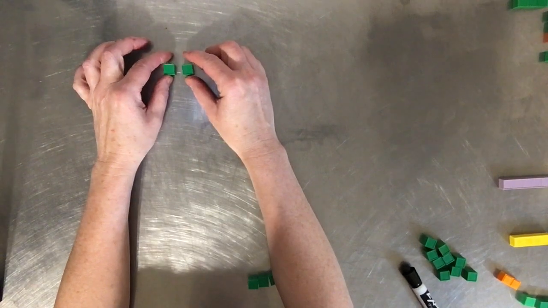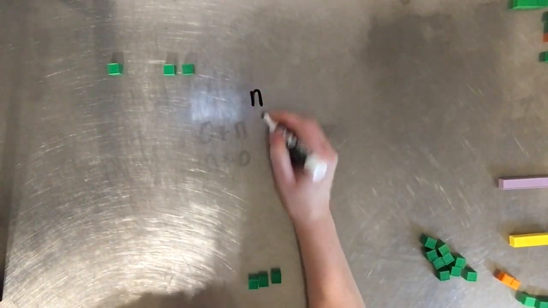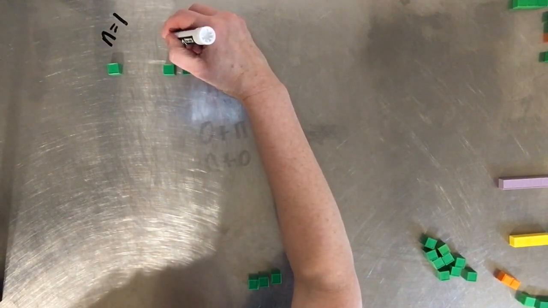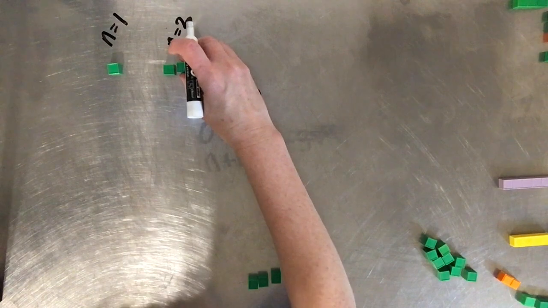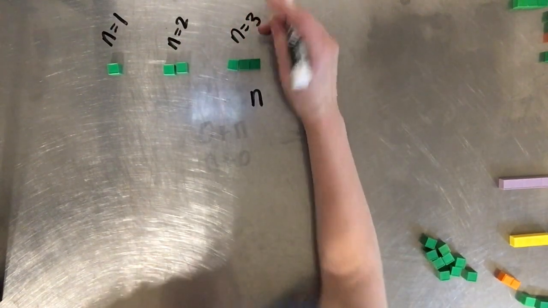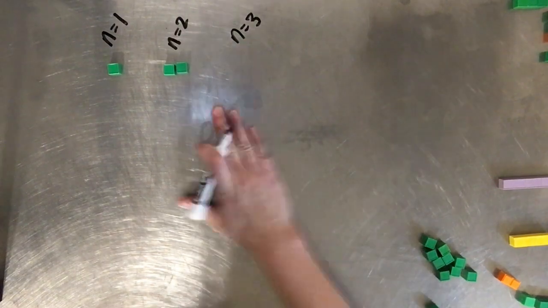Okay, so if we look at the possible spaces, we're going to use n as our number. So in this case, n equals 1. In this case, n equals 2. And then so on, n would be equal to 3. All right.